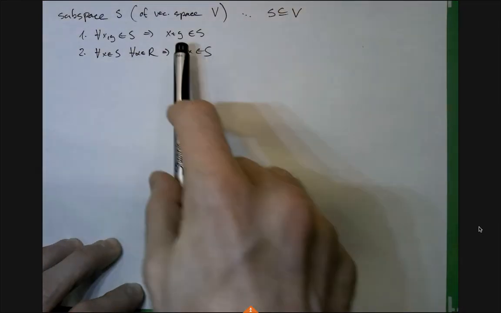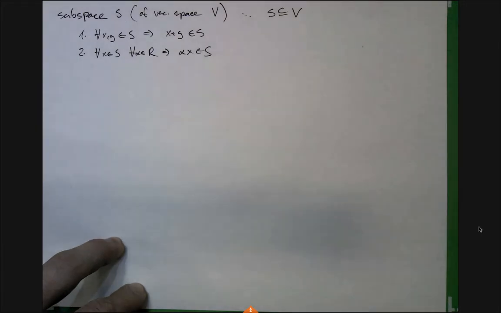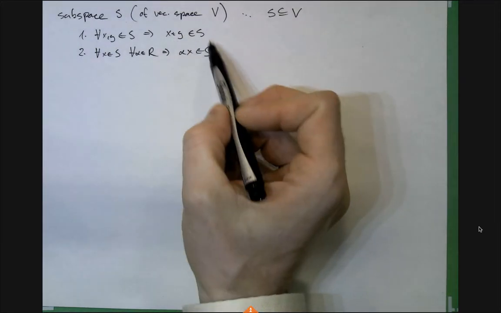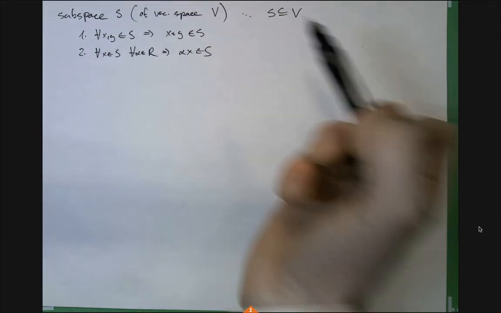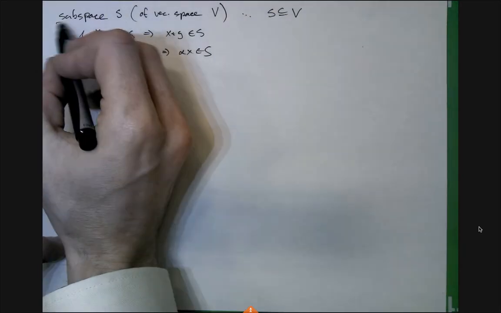So closure with respect to vector addition and scalar multiplication. Those are the two key things of a vector space. The subspace is self-contained, closed, in the sense that these 2 operations don't run away from S to some larger space, and then this is a subspace.